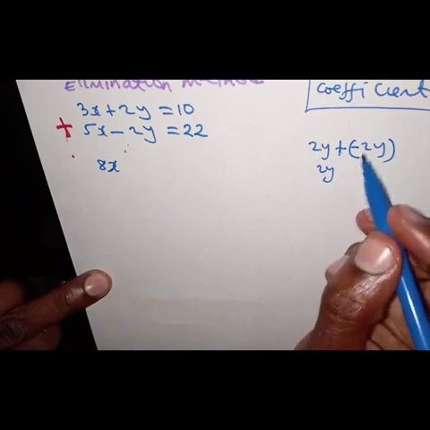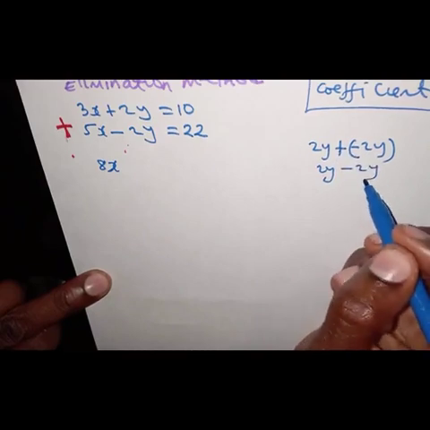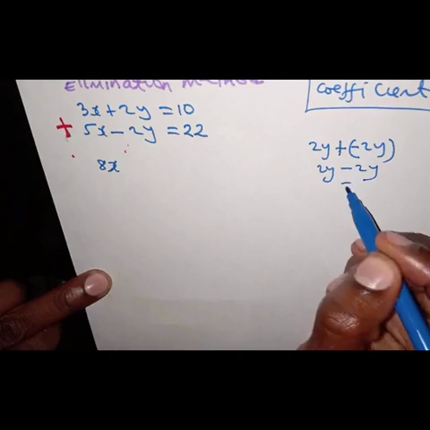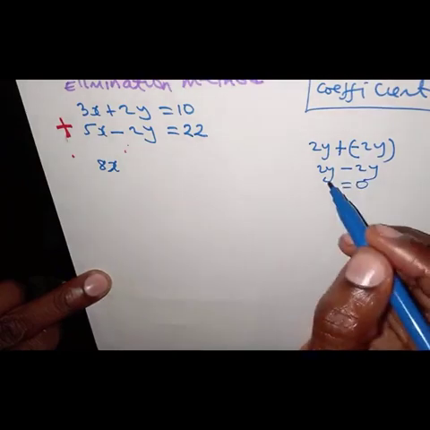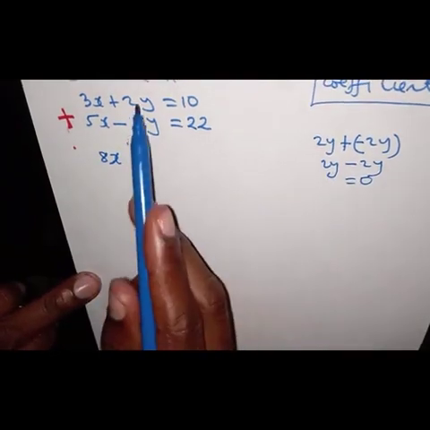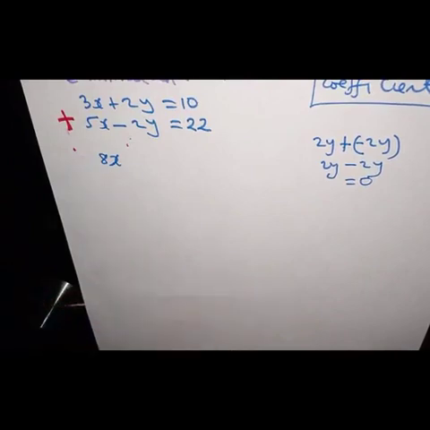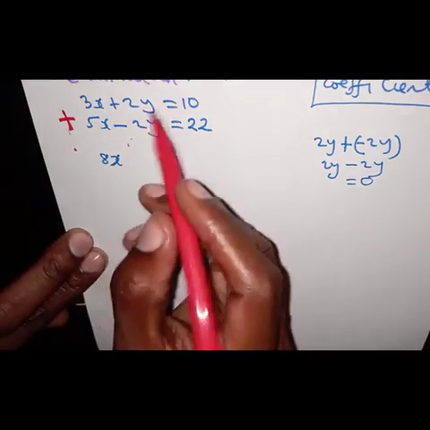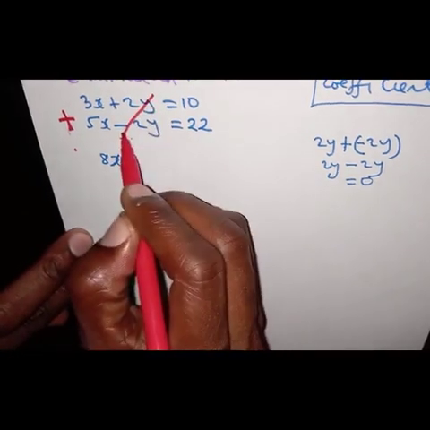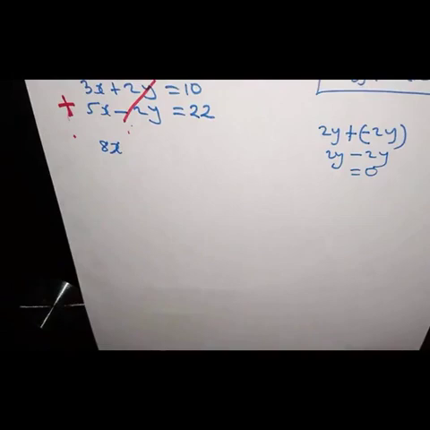So positive times negative, negative. You see that? So 2y minus 2y is 0. So indeed, like we chose at first to eliminate y, this one has given us a 0.